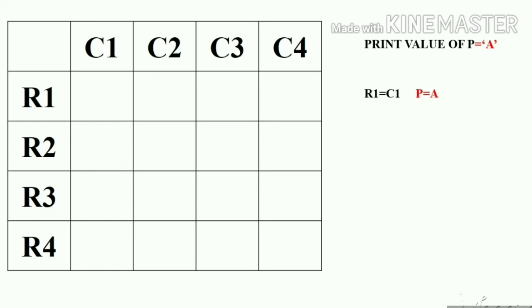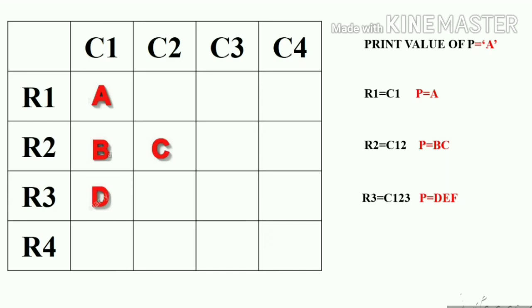When the row is equal to 1 and the column is also equal to 1, at that time it will print the value of P equal to A. When the row is equal to 2 in the second line, it will print B and C: in column 1 it will print B, and in column 2 it will print C. So the P value will print in increasing order. Next time when the row is 3, it will print D, then in column 2 it will print E, and in column 3 it will print F.